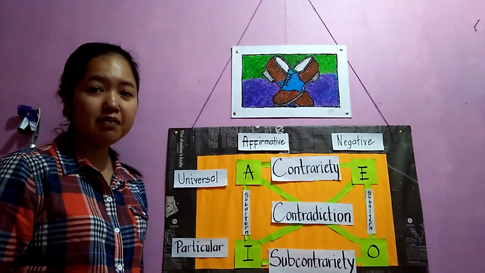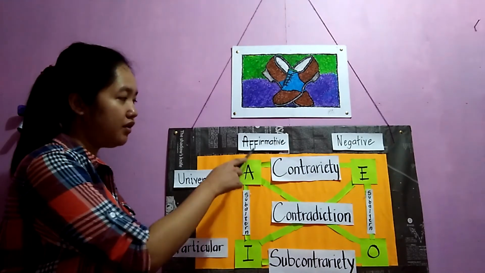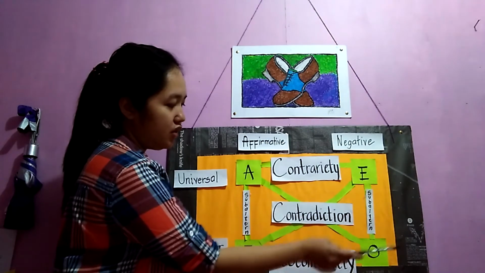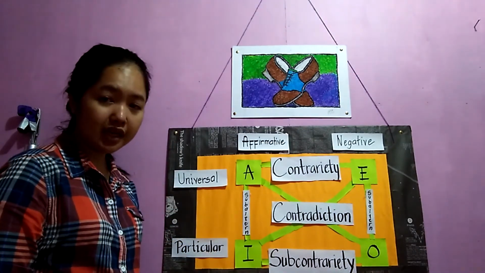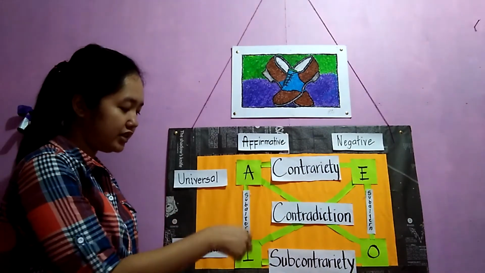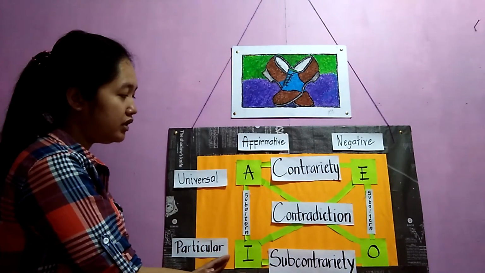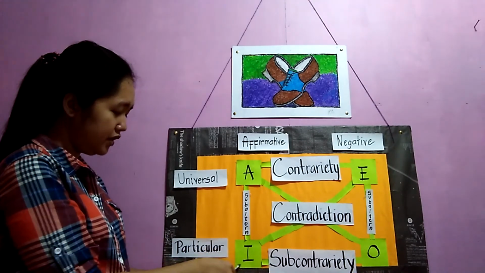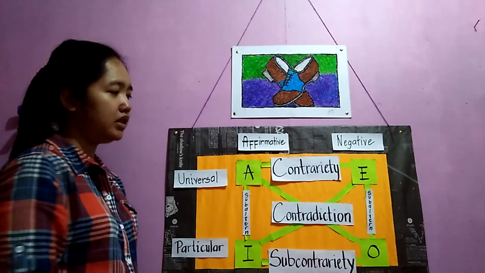At the same time, the quality is the same: affirmative for A and I, and the same for E and O. This would have the relationship. What they differ in is the quantity. So for letter A, the subaltern is letter I. They're both in the affirmative column, and the A and I differ in quantity. Since A is universal, then I is particular.